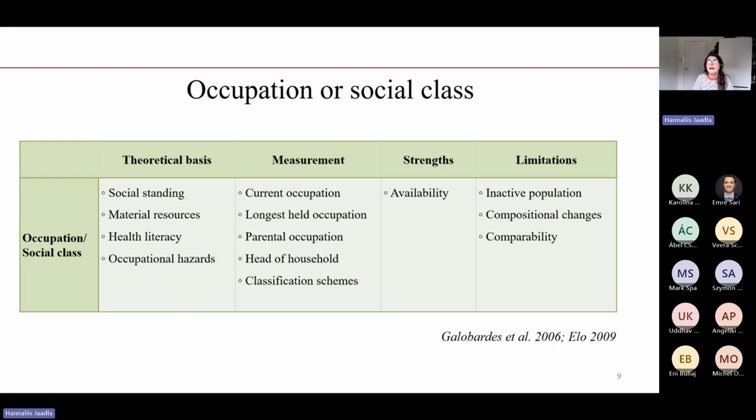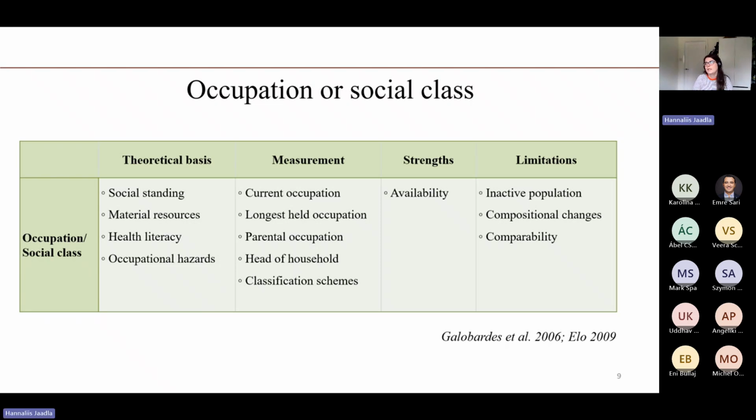But occupation can also reflect the social standing of a person or the family, and through that social standing, health outcomes can benefit from privileges, or not benefit if there are no privileges. Some of the privileges could be easier access to healthcare or services. It could also reflect people's social networks, but it could also be about occupational hazards, reflecting dangerous working environments. Think about miners, where this might directly influence health and mortality outcomes.